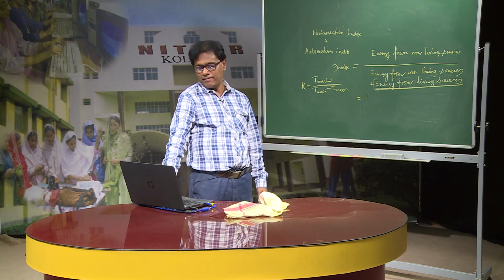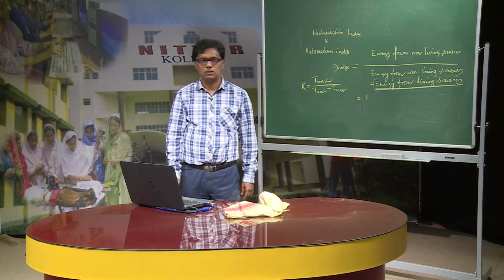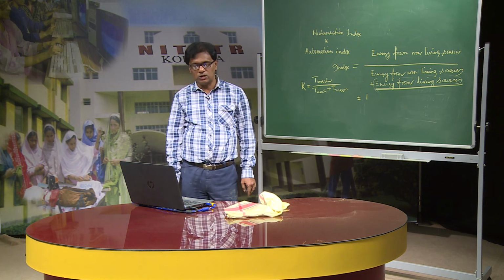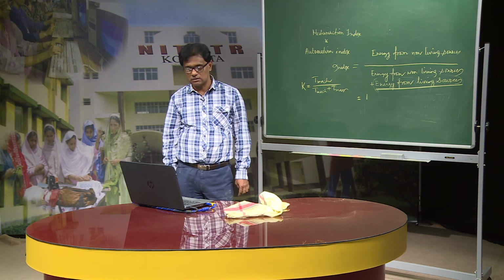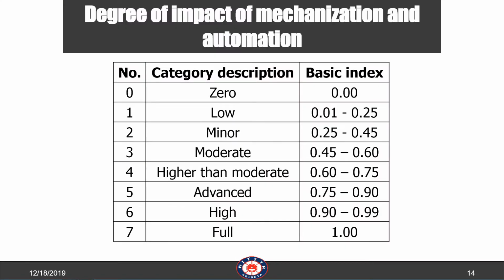If it is a low level automation, 0.01, what does it mean? If it varies from 0.01 to 0.05, what does it mean?